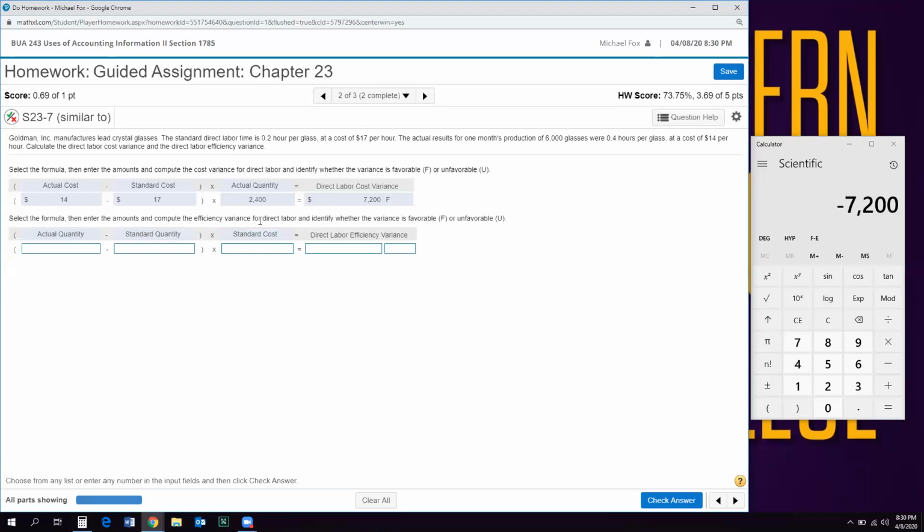So again, we just fill in the numbers. Our actual quantity, we already figured out right here, which is 2,400. Our standard quantity would be 0.2 times 6,000. It should be 1,200.